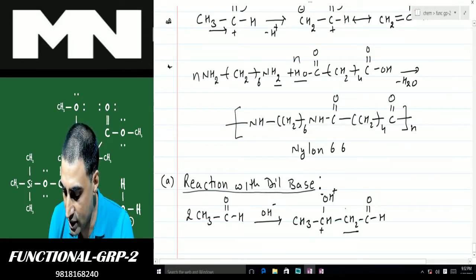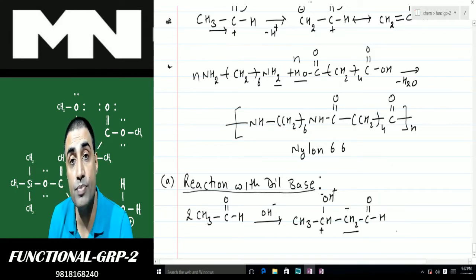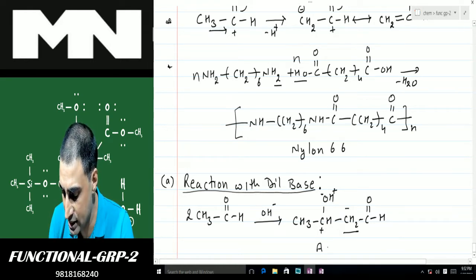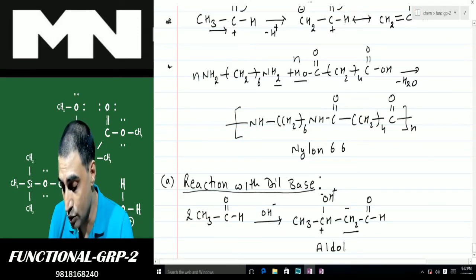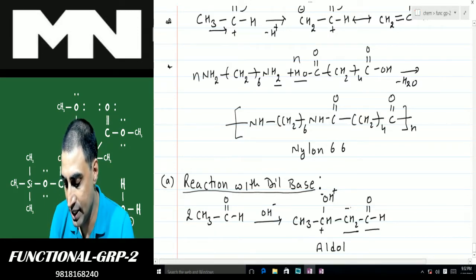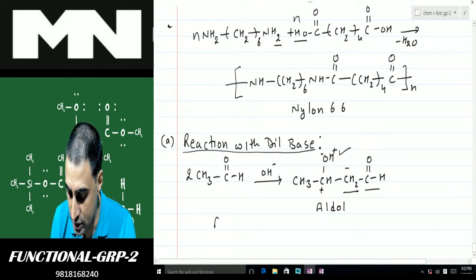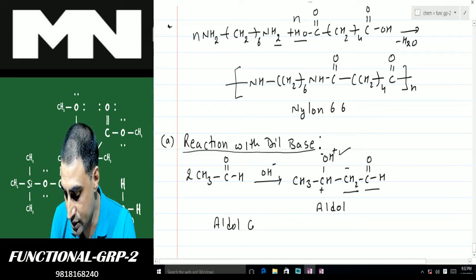Since it has acquired a negative charge, it will combine with this carbocation of the carbonyl group. Such a compound is known as an aldol, because it has got both the aldehyde group and the alcoholic group. So this is an aldol, and such a reaction is known as an aldol condensation reaction.